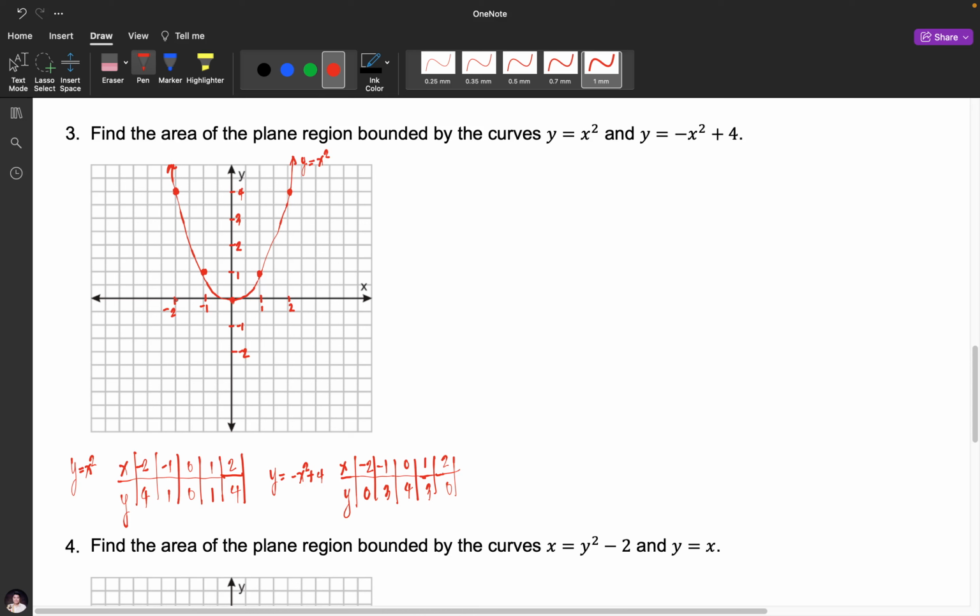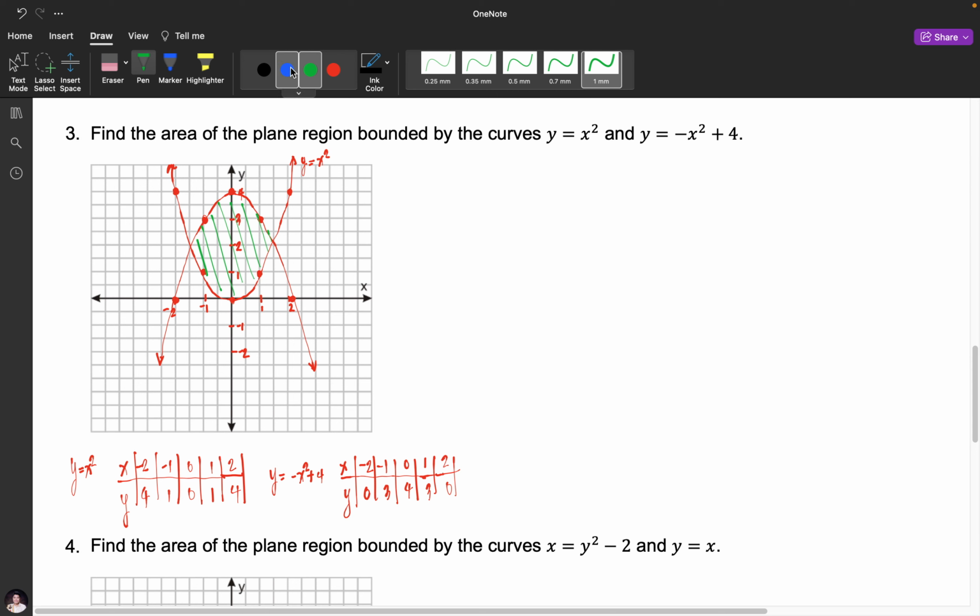So we have negative 2, 0, negative 1, 3 here, 0, 4 here, 1, 3 here, and 2, 0. So we have this curve here. Okay. So malinaw sa curves natin that this is our region.